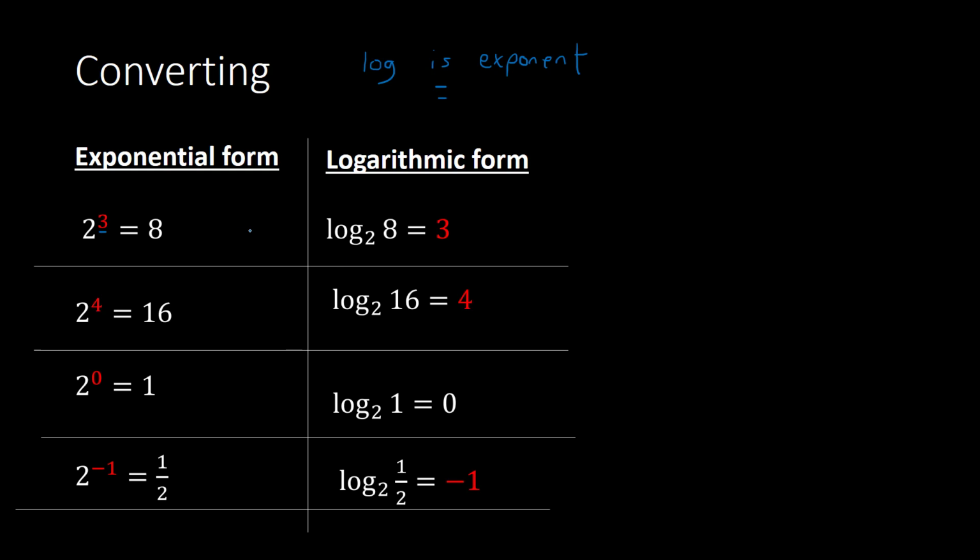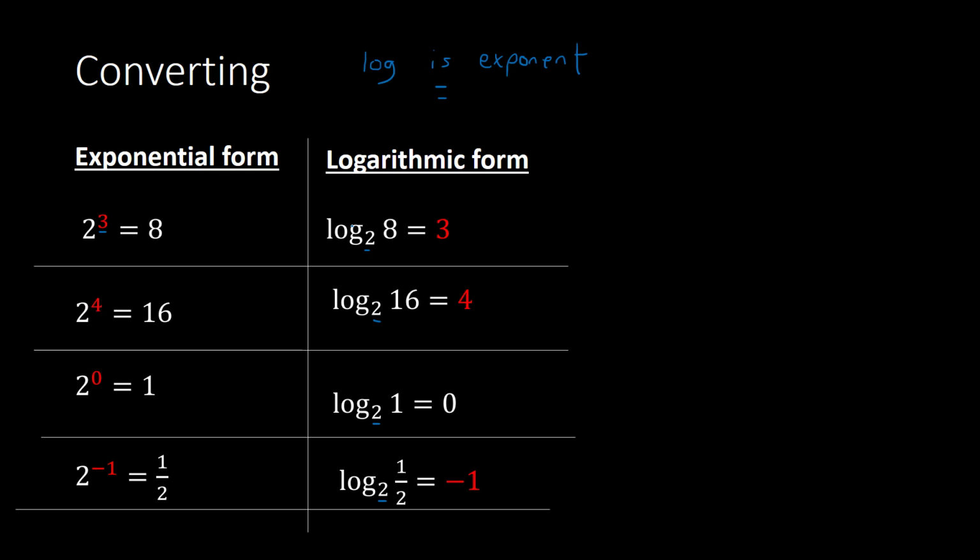And then notice that the base in exponential form is a 2. We have 2 to some power for each of these. In logarithmic form, same thing. The base will also be 2. So we see here there's a 2, here's a 2, here's a 2, and here's a 2. So whatever the base is in exponential form, that is the base in logarithmic form.